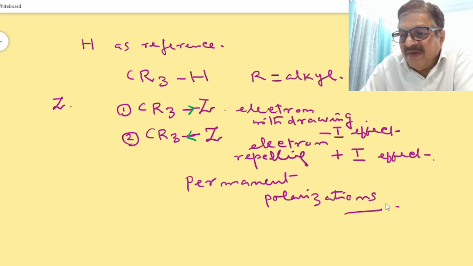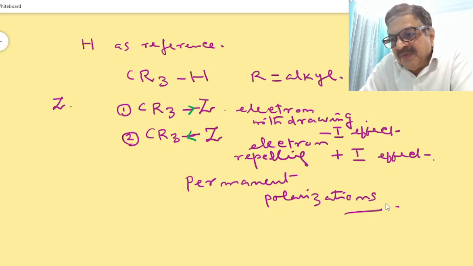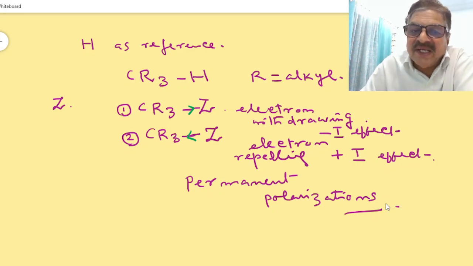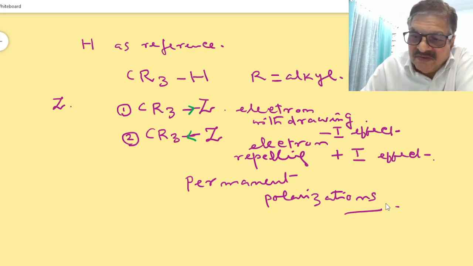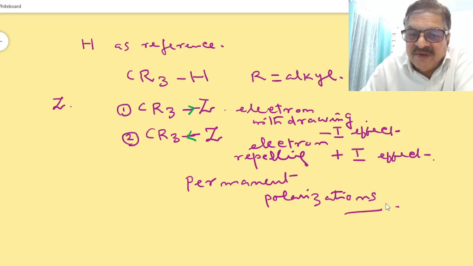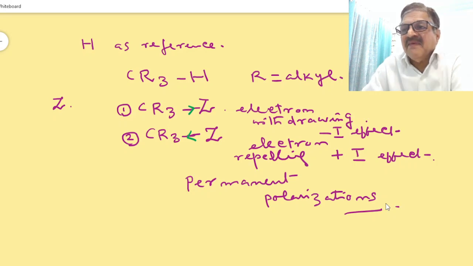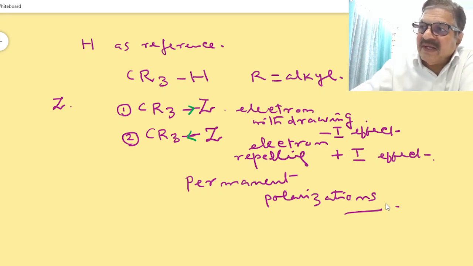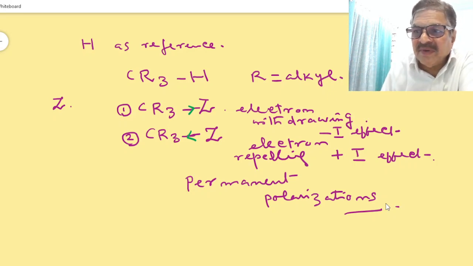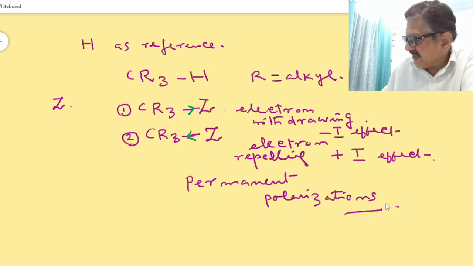From the practical point of view, we can say it can be ignored after the second carbon. Even though the electron pairs are permanently displaced, they remain in the same valence shells. So this is the fundamental principle of the inductive effect here.